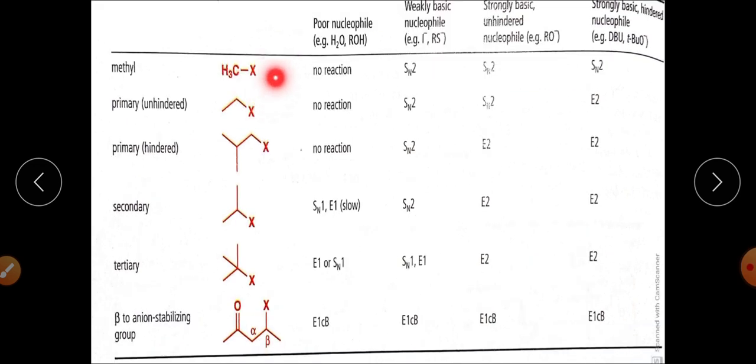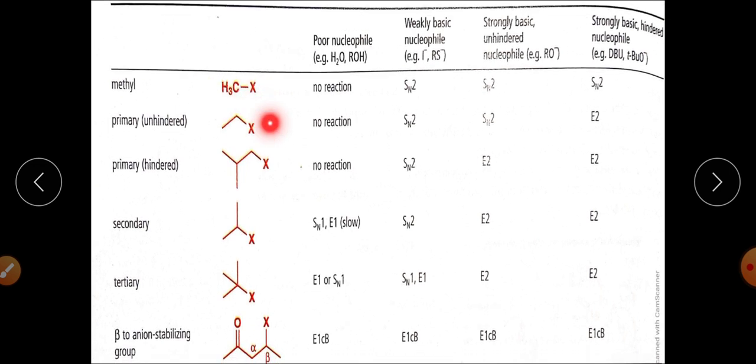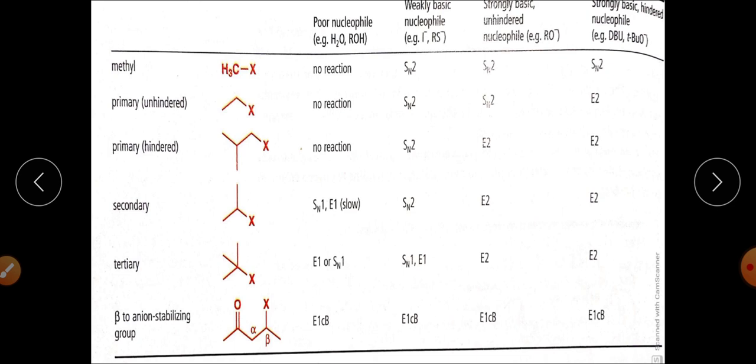This is your methyl. Now you are having primary unhindered. There are two categories, primary hindered and primary unhindered. So this particular example is for primary unhindered, and this particular example is for primary hindered.